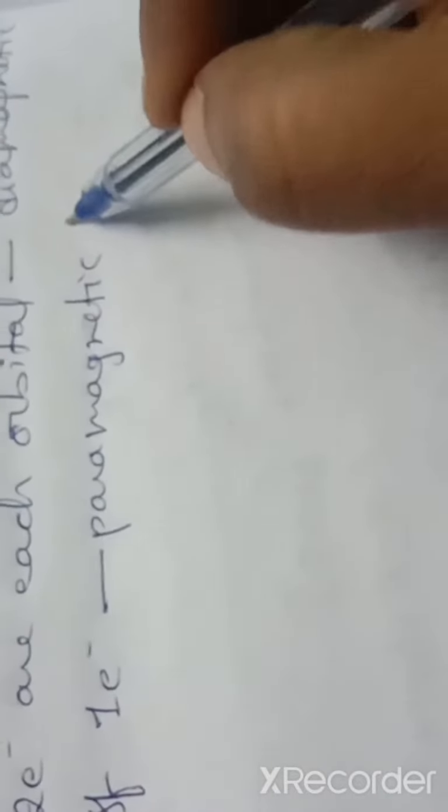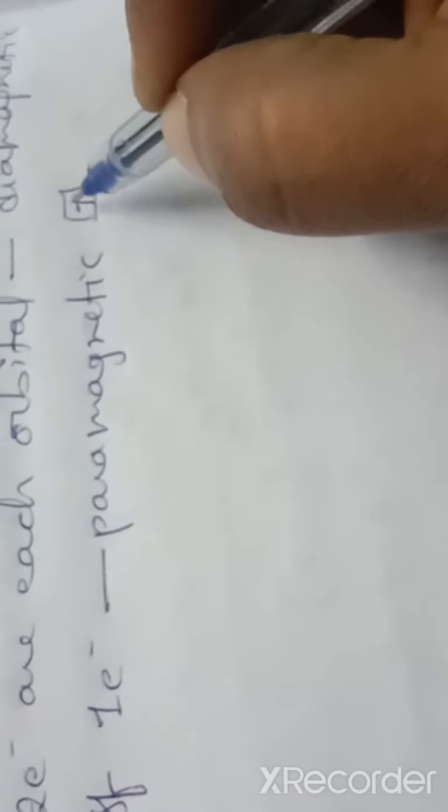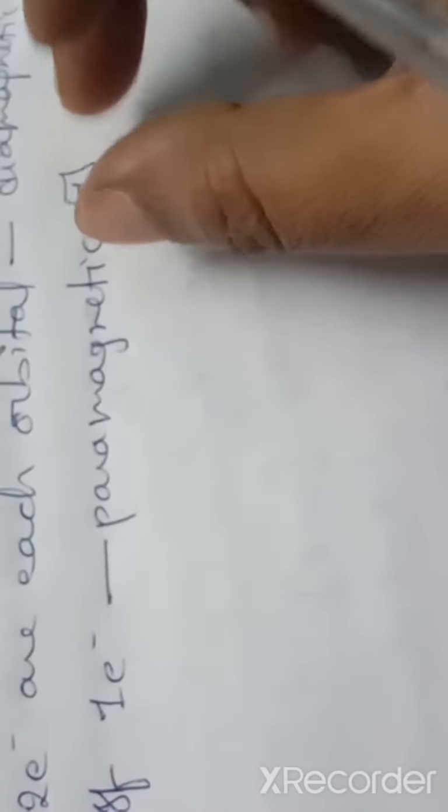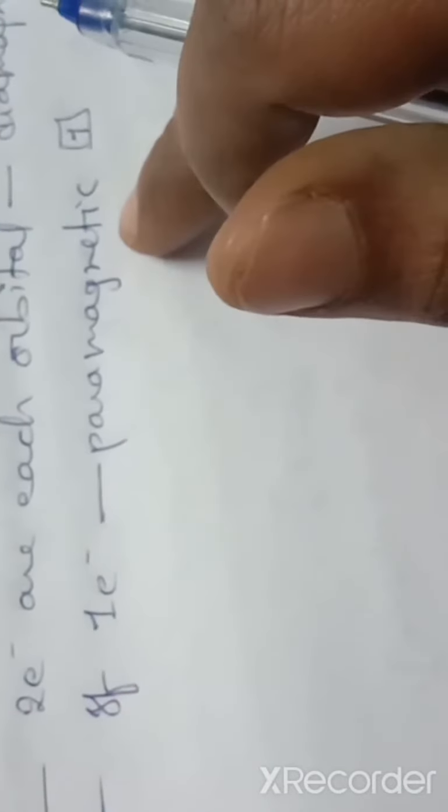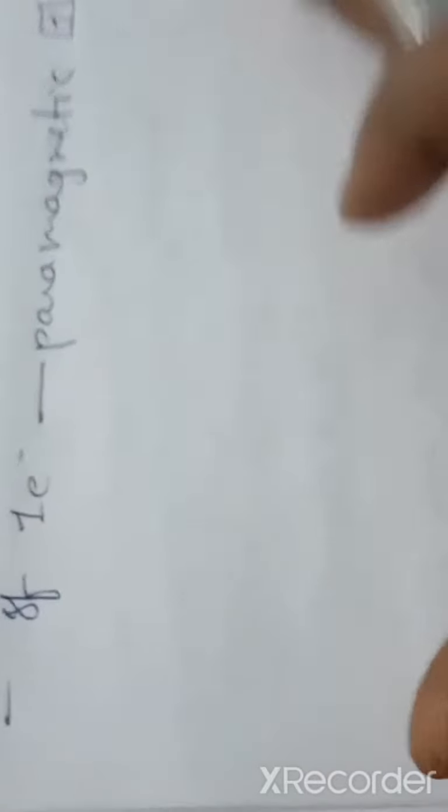We are going to draw the orbitals. If each orbital has 2 electrons, then it is diamagnetic. If any orbital is half filled, that means it has a single unpaired electron, then that molecule is said to be paramagnetic. That means it shows some magnetic properties and can be influenced by a magnetic field. By knowing the examples, you can easily draw the molecular orbital diagrams.